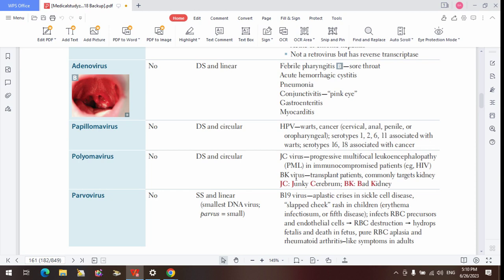So your PML from polyoma virus, particularly JC type, affects the occipital lobe and the parietal lobe. Don't forget, you'll be seeing the hypointensity, maybe on MRI, affecting the parietal lobe and the occipital lobe. So they can have visual problems.